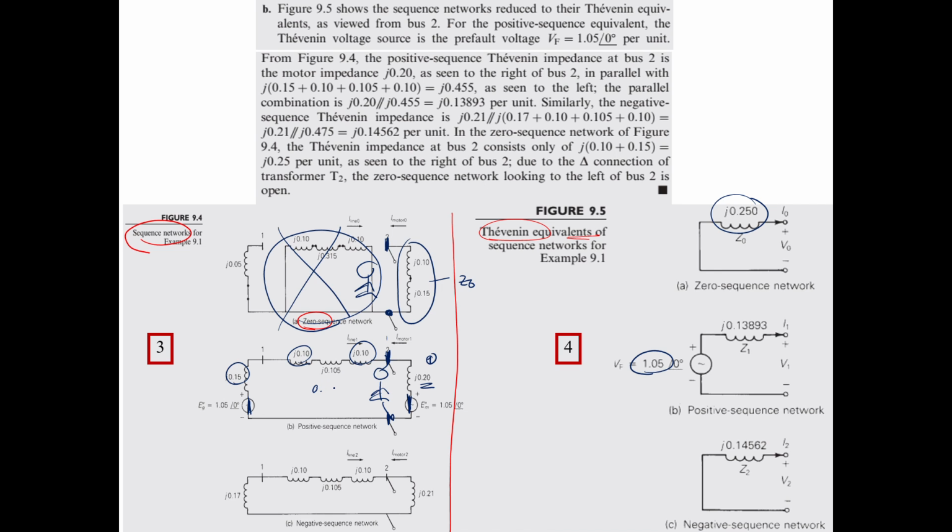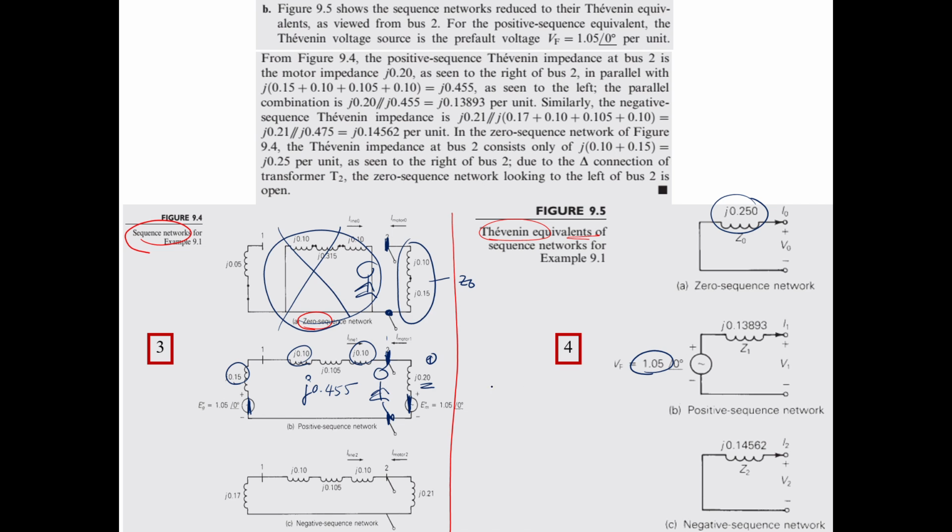So you can have J0.455, which is the total of these four reactances, in parallel to this one, 0.2.